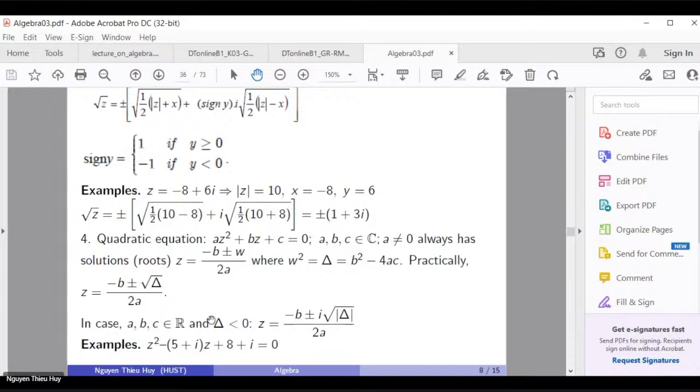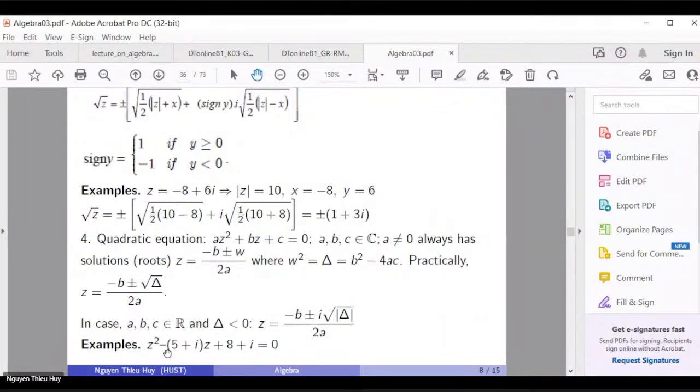In this case, the square root of delta is simply i multiplied by the real square root of the absolute value of delta, plus or minus. Only in this case can we have this formula. Okay, let's see.